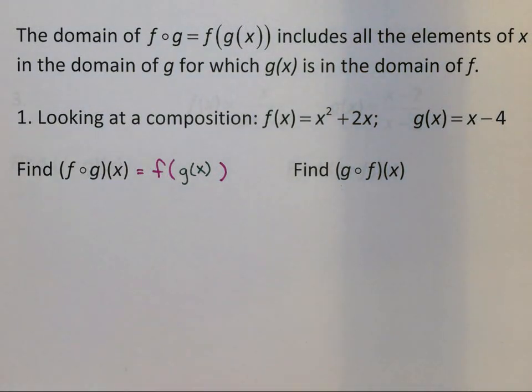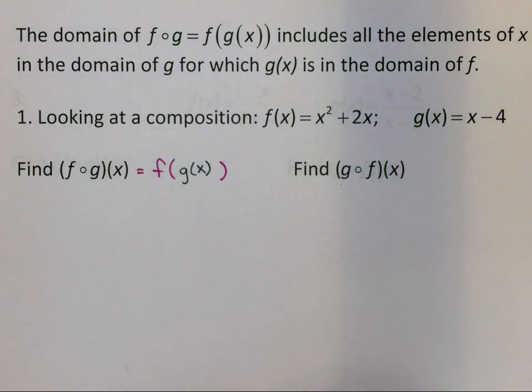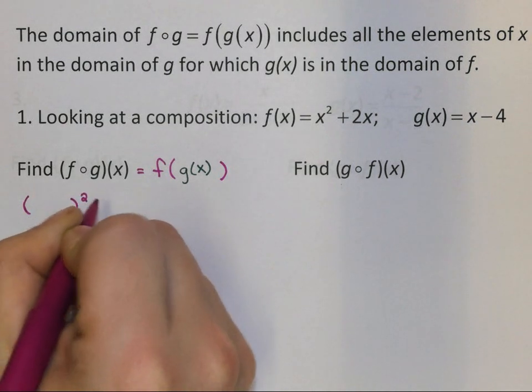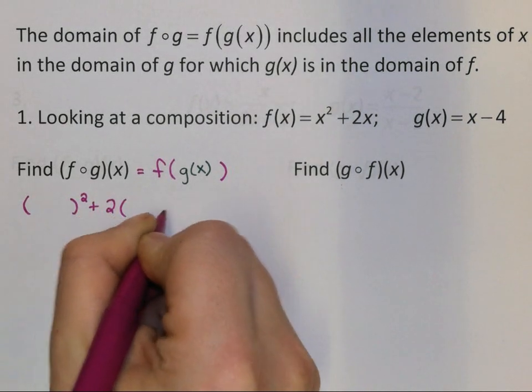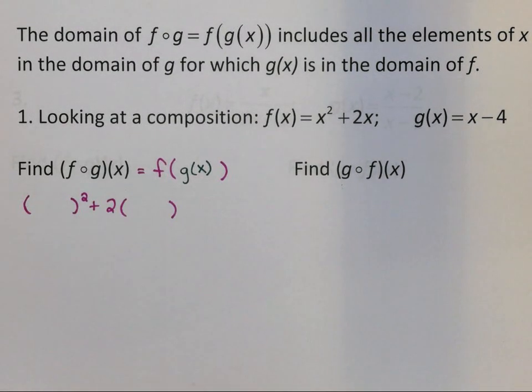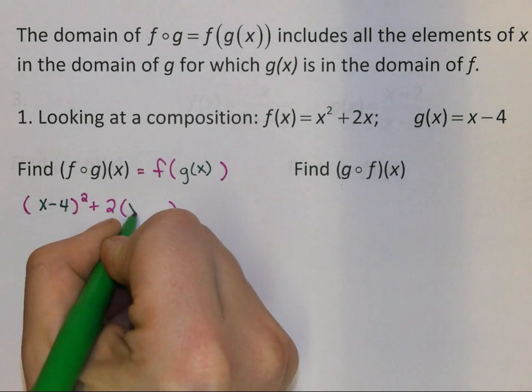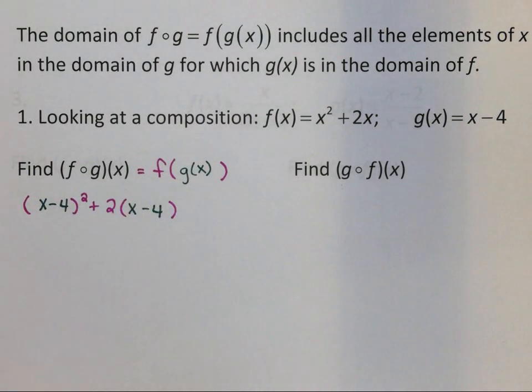So what I like to do is I like to put kind of like what I call buckets in there. I'm going to replace each of my variables with a bucket. What's going to go into that bucket? X minus 4. That is the whole concept of composition.